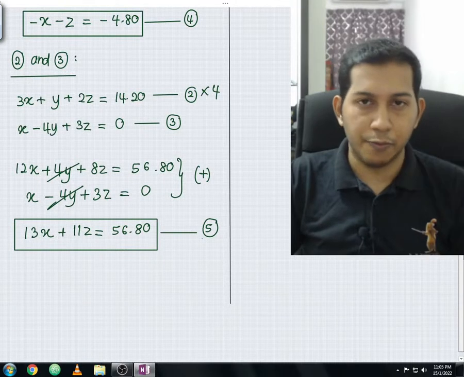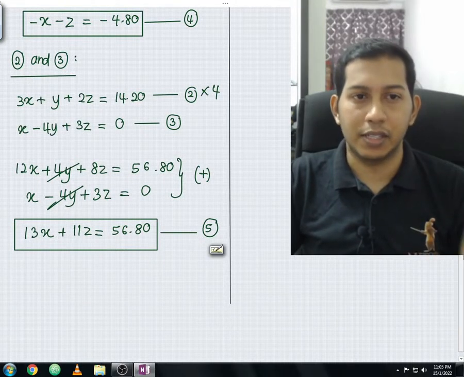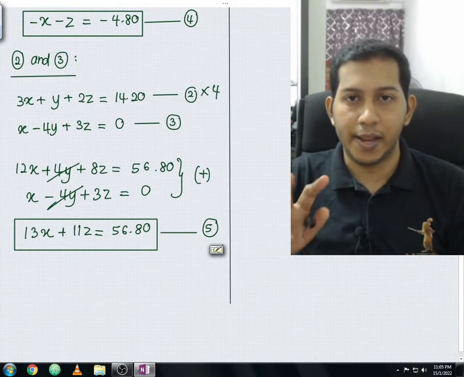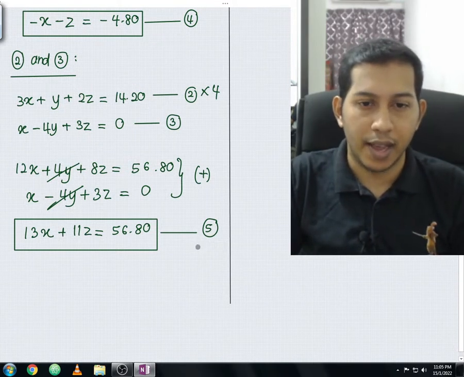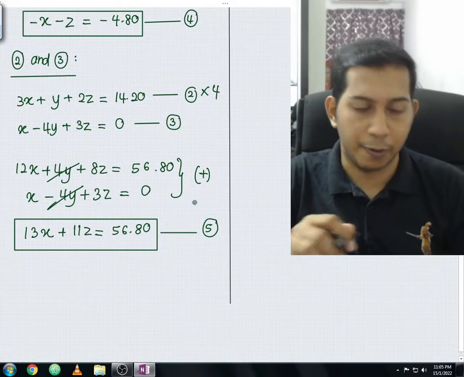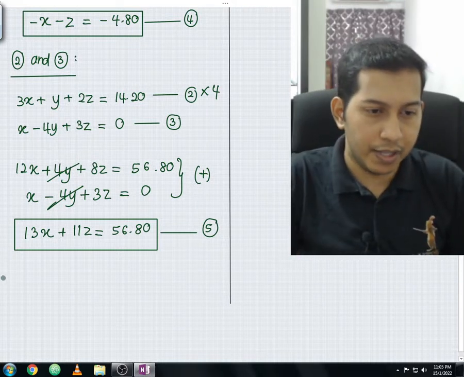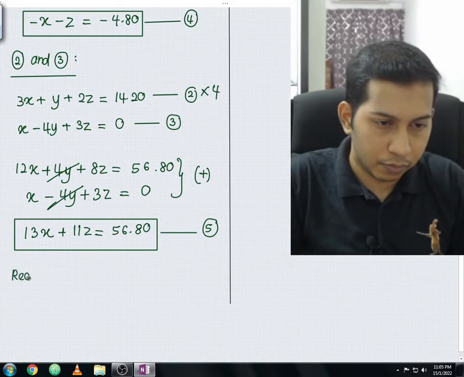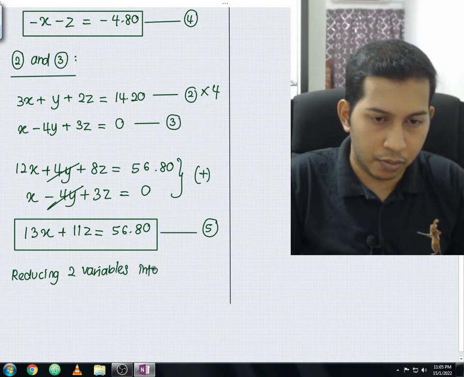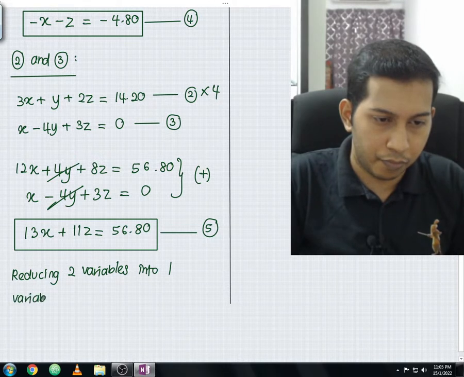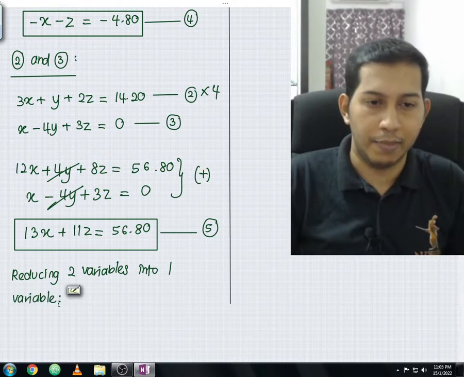Now we can proceed with the third step, reducing the 2 variables into one single variable with equations 4 and 5 that we found just now. Let me underline this.